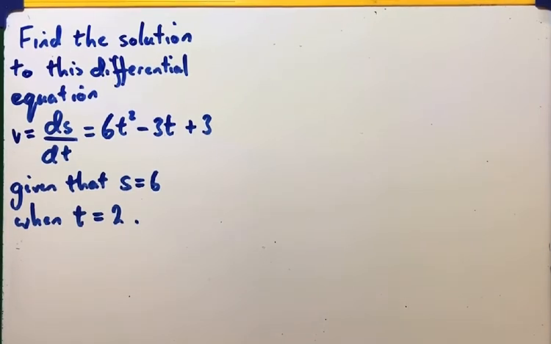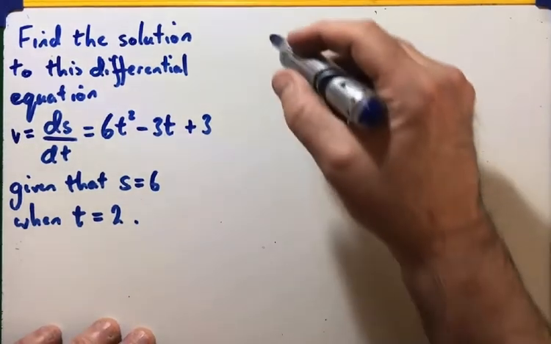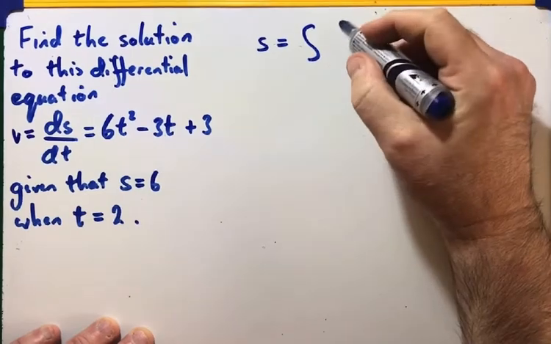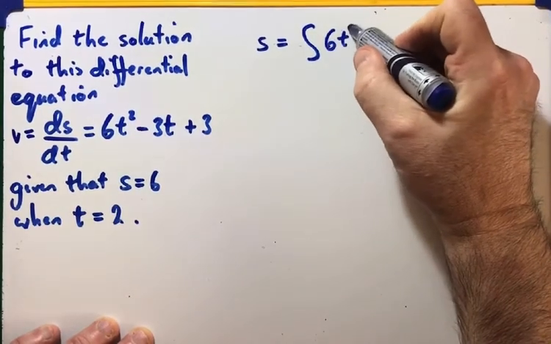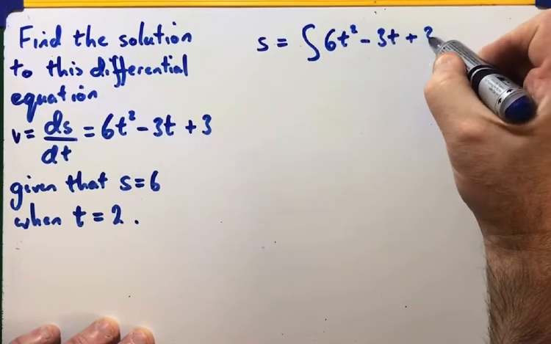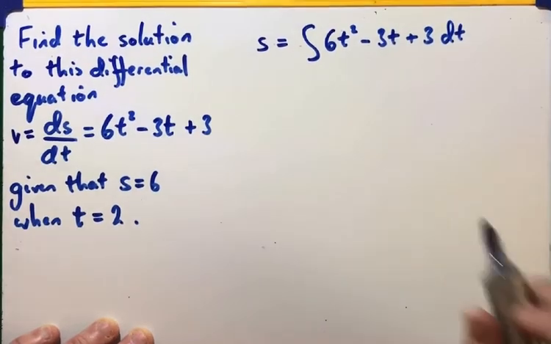So it's not always in terms of x and y. Sometimes you'll get it in terms of s and t. But we do it exactly the same way. We've got to integrate and then work out what the constant is. So that's what we're going to do. s will be the integral of 6t squared minus 3t plus 3 dt.